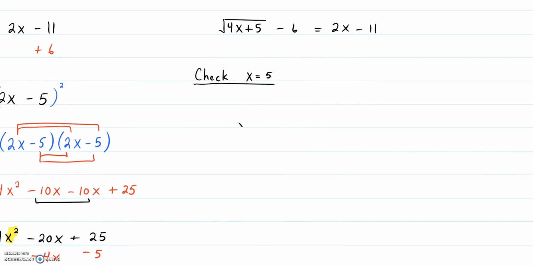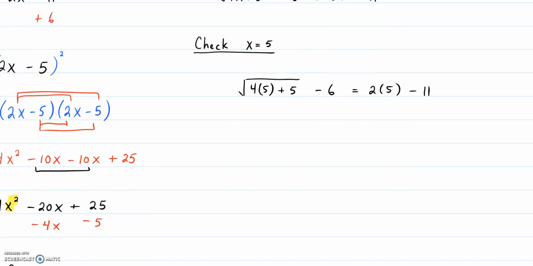So we have the square root of 4 times 5 plus 5, minus 6 equals 2 times 5 minus 11. I just want to check that the left side equals the right side.